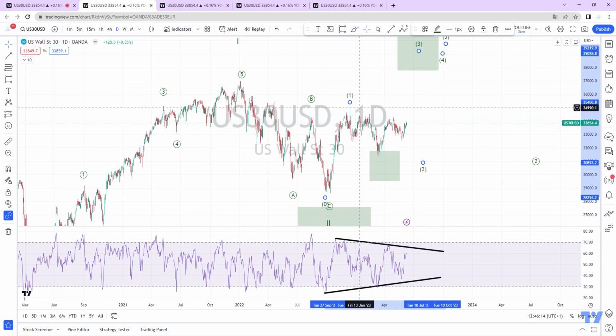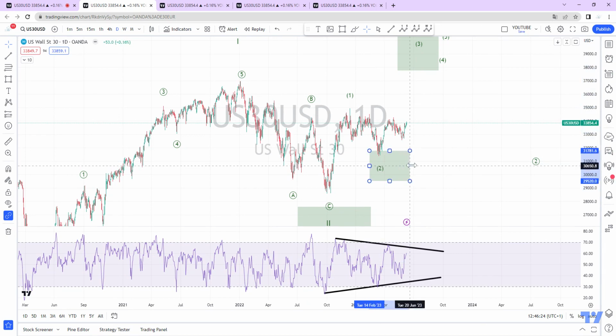First, we have to take out this high here, and then we have certainty that the wave 2 was in. And if this is the wave 2 low, then we already know our target for a wave 3.